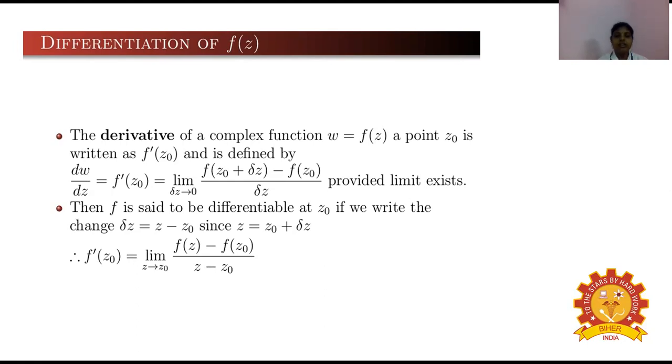Then f is said to be differentiable at z0. We can write the change del z equal to z minus z0, since z equal to z0 plus del z. So therefore f dash of z0 equal to limit z tends to z0, f of z minus f of z0 divided by z minus z0.